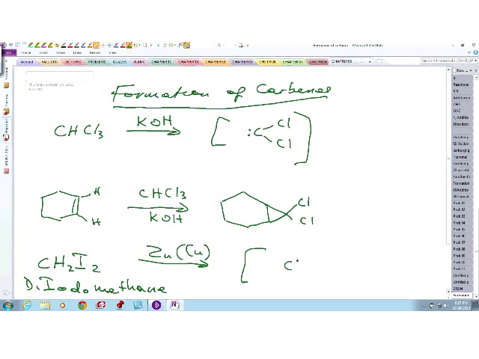That would generate the methylene carbene, and this here could then react with, if you have an alkene, to give you cyclopropane.